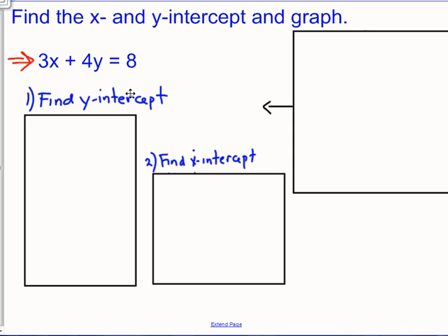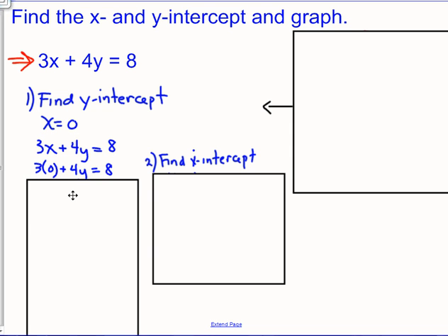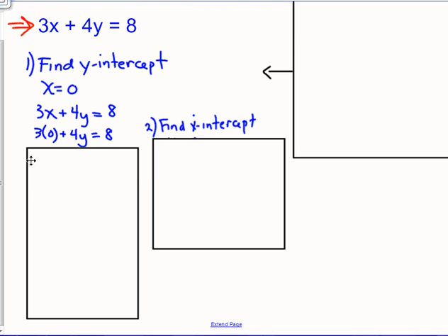So we need to find the y-intercept first. In order to do that, we need to set x equal to 0. So we can plug 0 in for x, and then our equation will look like this. From here we can solve for y.